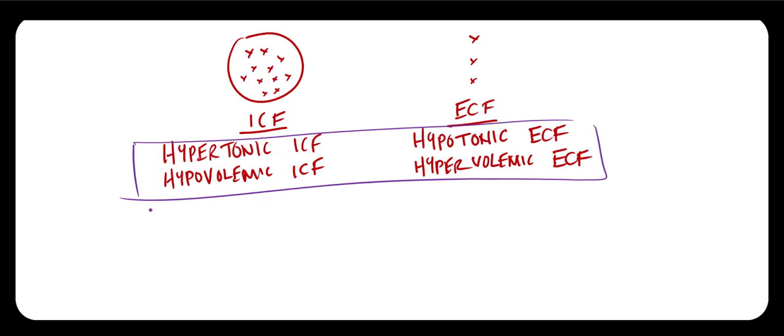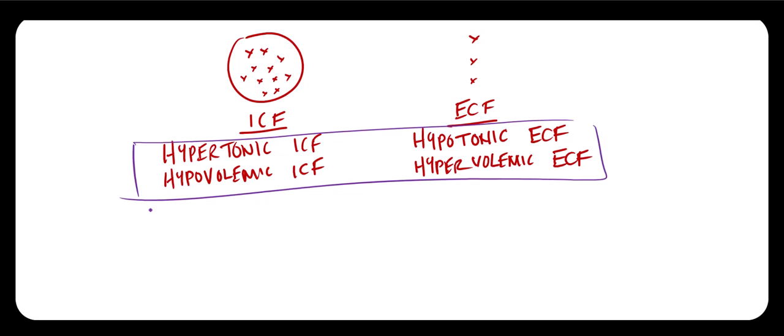So then we said the whole world is moving towards equilibrium, including my little cell here. So what's going to happen is we're talking about osmosis. We're moving the water to level out the concentration.